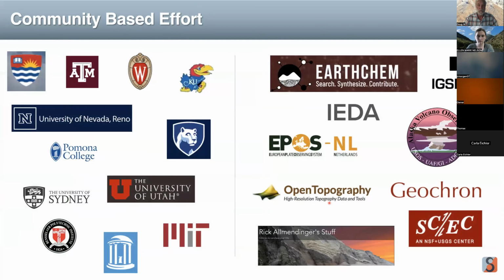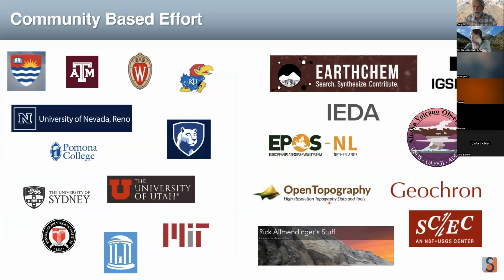That effort has been spread across a lot of universities. It's been mostly academic based with the colleges and universities that you see on the left-hand side here. We also are getting and trying to develop industry partners as well.